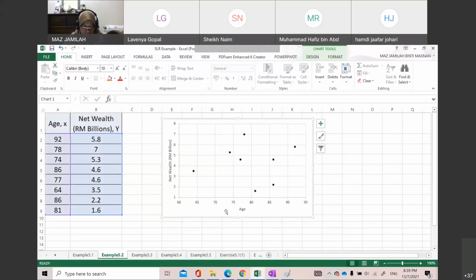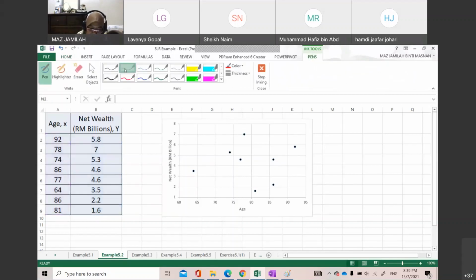I have my age on the x-axis and my net worth in billions on the y-axis, and you can see the data are scattered around without what we call a clear direction, whether in a positive way or in a negative way. We cannot really tell.